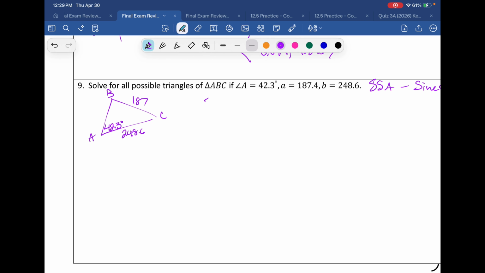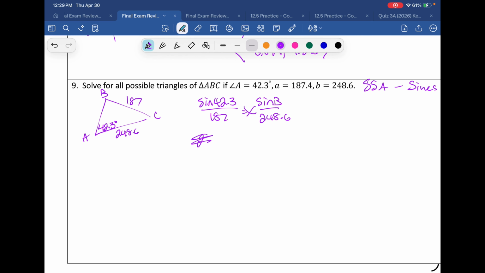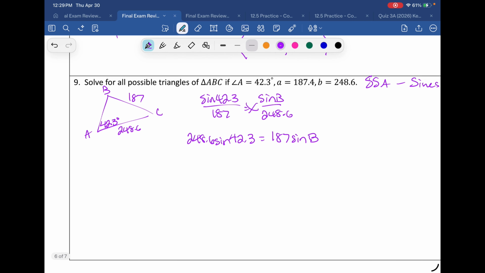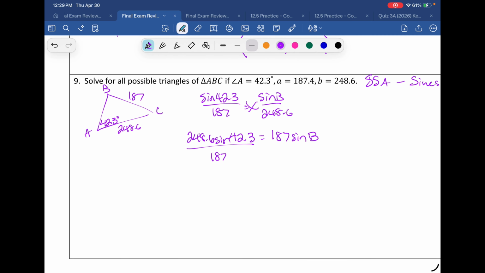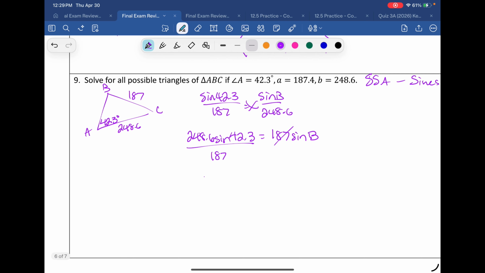So I'm going to do sine 42.3 over 187 equals sine B over 248.6. Cross multiply. Divide by the 187. I don't know why I did it on that side instead of the left side. That's okay. Take the inverse sine.